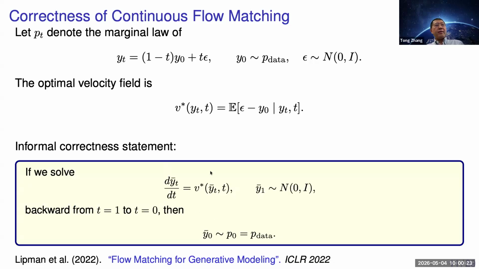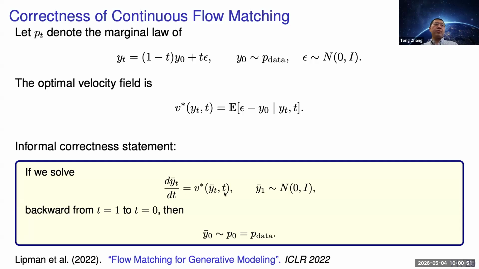For any y hat, by solving this with this formula backward from T1, you will have this T equals beta T. In particular, the original is y P0, which is basically P data. So in the continuous time, if you have the exact flow, it's correct. If you don't have exact flow, it's approximately correct.